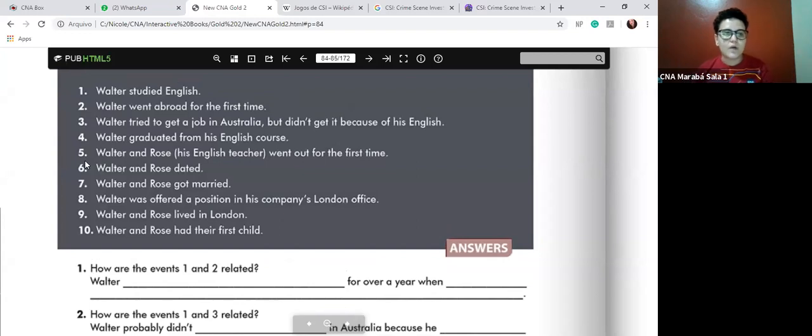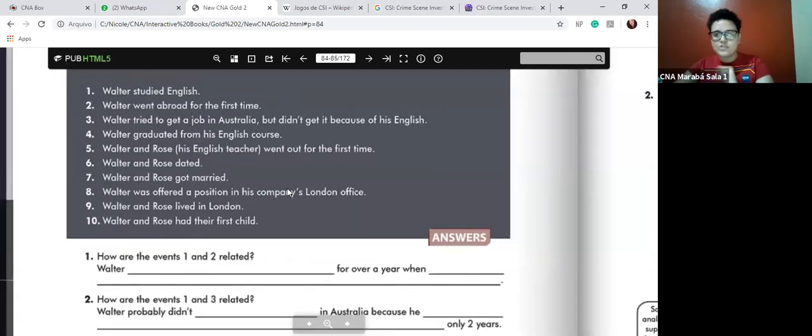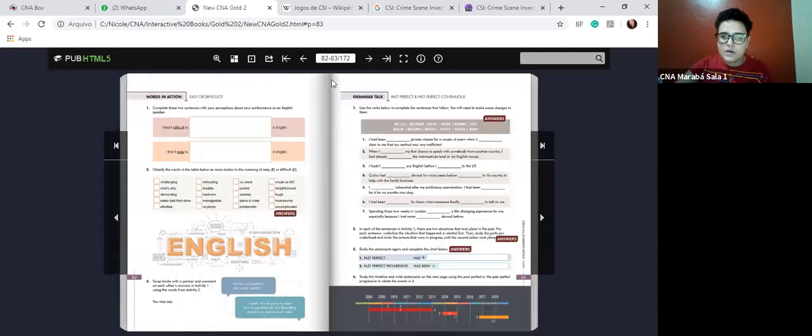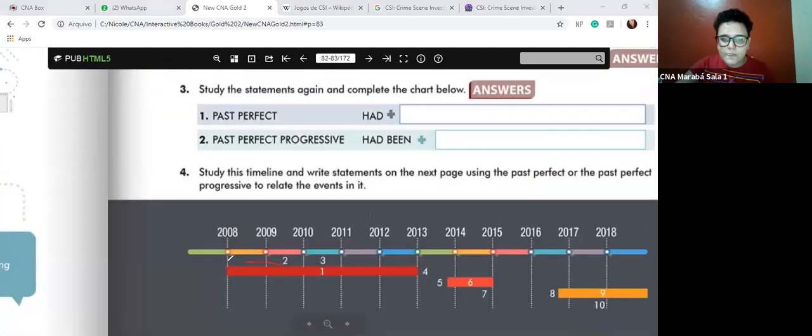So for example, number 1, Walter studied English. And number 2, Walter went abroad for the first time. If we go back to the timeline, here, this is number 1. Number 1 started in 2008 and ended in 2013. And number 2 is here.